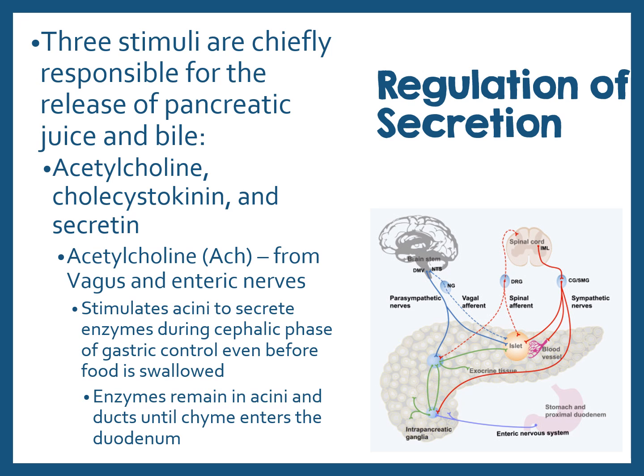And this acetylcholine stimulates the acini cells to secrete enzymes even before food is swallowed. And the enzymes will remain in the acini cells and in the ducts until the chyme enters into the duodenum.